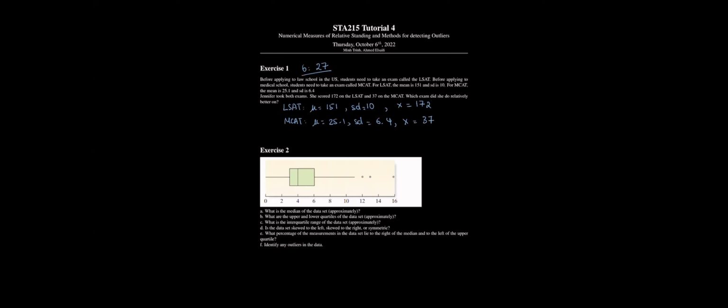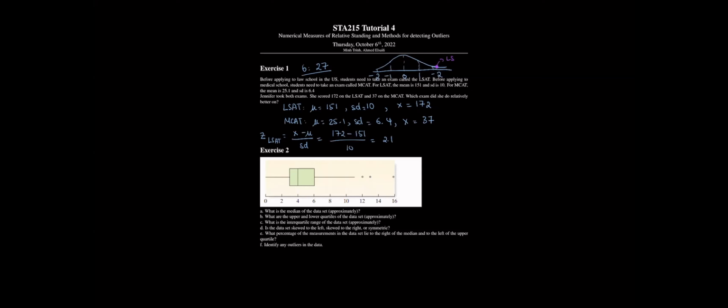So first, you have to calculate the z-score for LSAT. You take X minus mean divided by standard deviation, which is 172 minus 151 divided by 10, and you will get 2.1. And what it is saying is that if you have mean of 0 and standard deviation of 1, then the position of her LSAT is in this part.